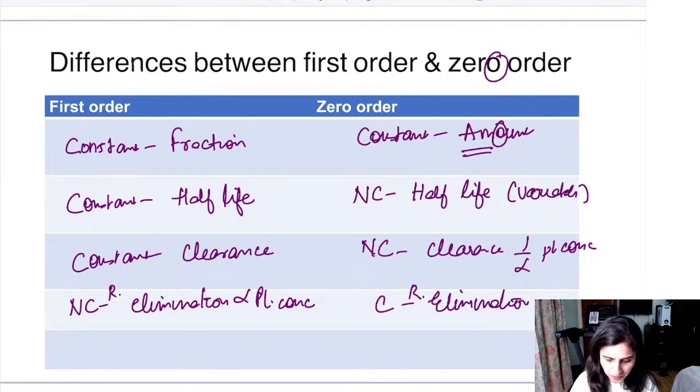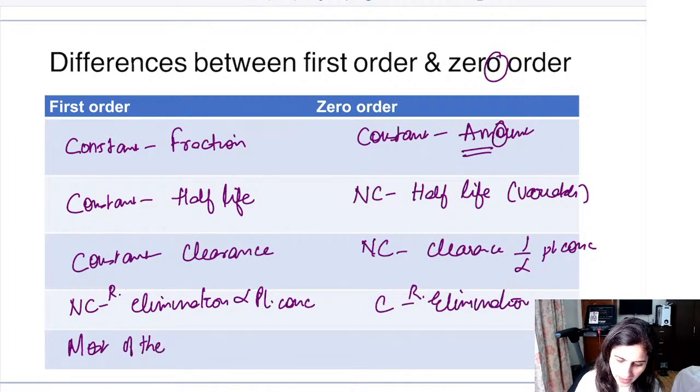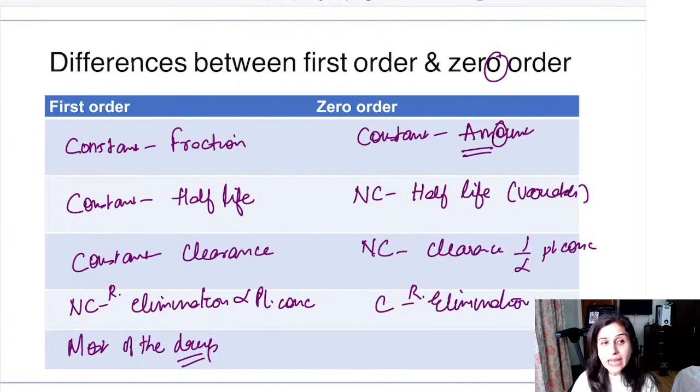And most of the drugs follow first order kinetics. It's a good kinetics. First is always good. So first order is good kinetics, while the zero order is the bad kinetics, as we say. And very few drugs follow this. And most drugs, what will they do?